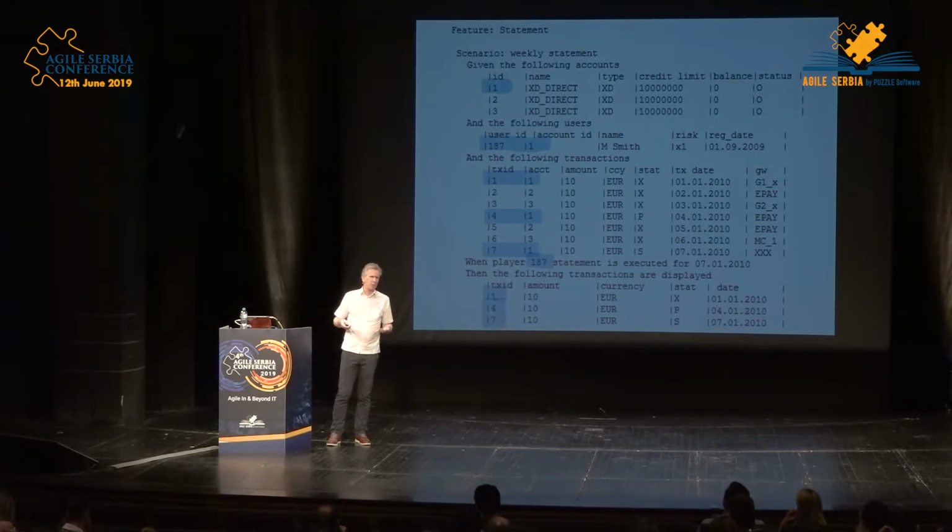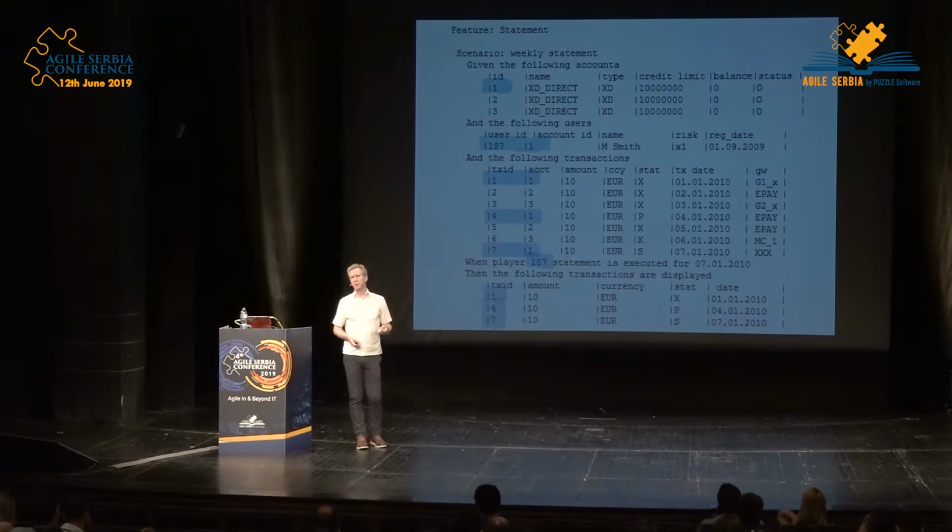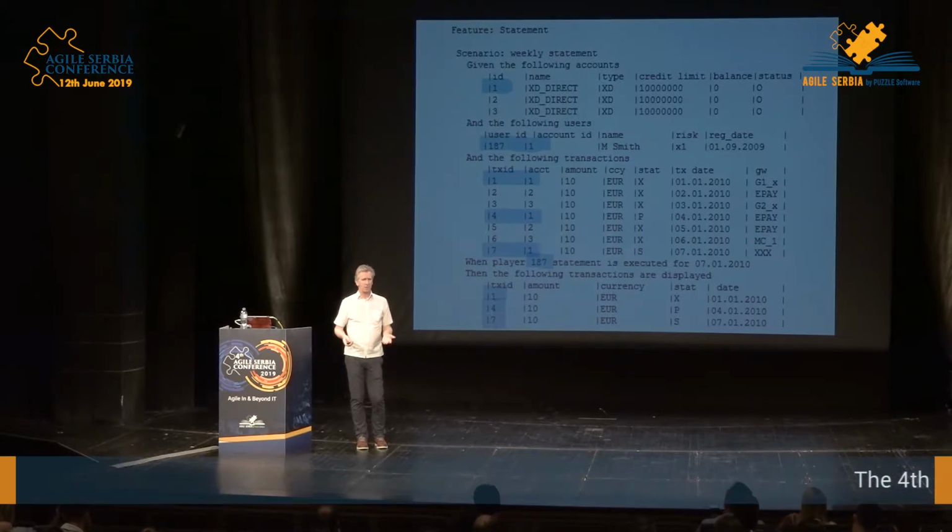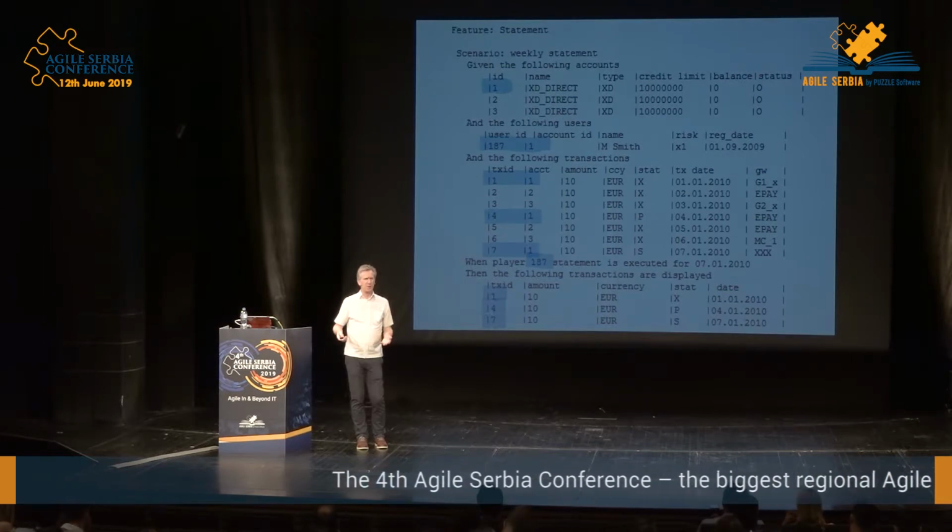Okay, so if we reverse engineer some kind of intent, some kind of meaning to this rather dense example, it's probably a statement like, in a player's statement, we should only show the transactions that come from the account that belongs to that player. Something like that. That's really all this is showing. And that's a pretty ordinary business rule.